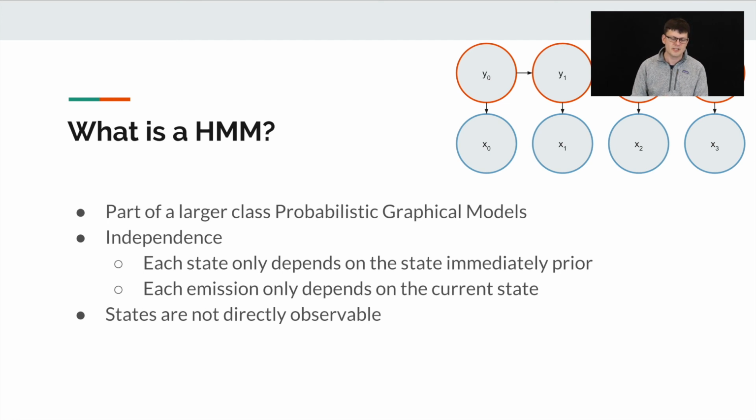We're making this Markov assumption that the current state only depends on the one immediate state prior to it. And further, that the emissions only depend on the current state and on nothing else going on in this graph of variables. And so that's the reasoning behind the name hidden Markov model.